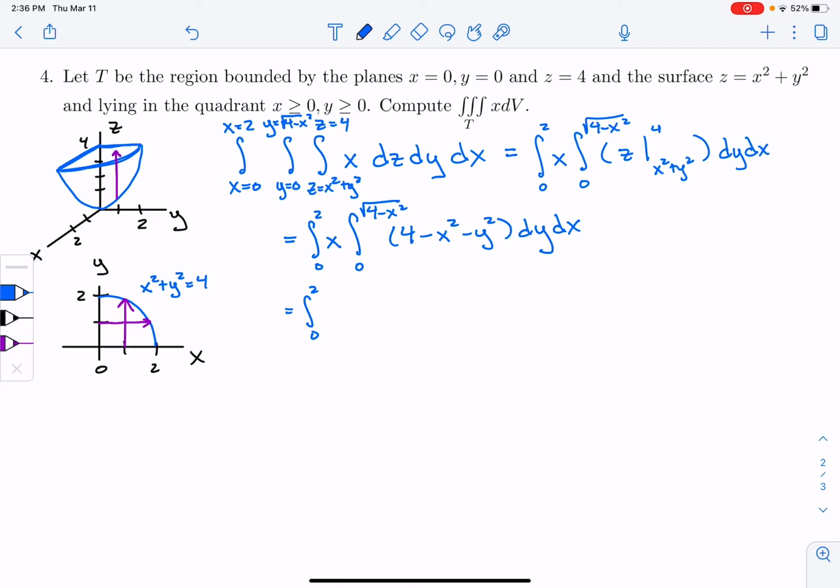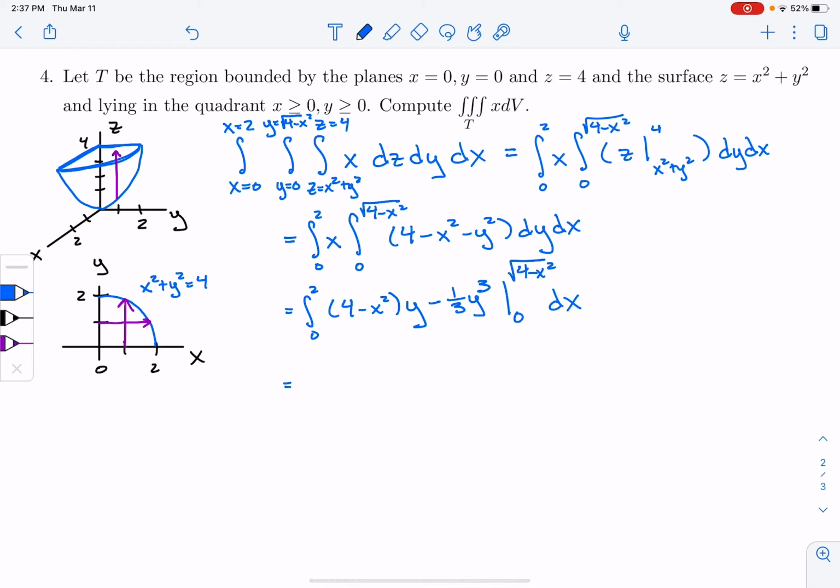Now I want to integrate dy, so I'm going to get the 4 minus x squared is a constant, so I'm going to get 4 minus x squared times y minus 1/3 y cubed, and that's going to get evaluated between 0 and square root of 4 minus x squared. When I'm done, I'm going to have to integrate that dx.